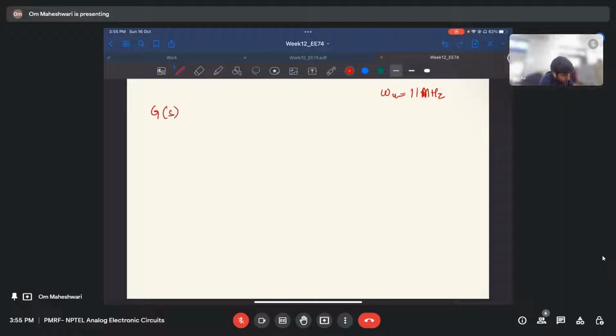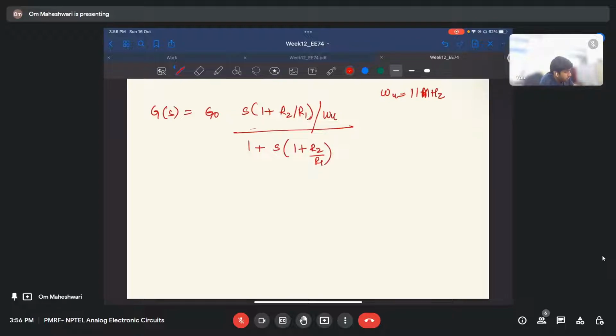Okay, so here we will have G(s) equal to G naught times (1 plus R2 by R1) omega u, whole upon (1 plus s times (1 plus R2 by R1) divided by omega u). Okay.